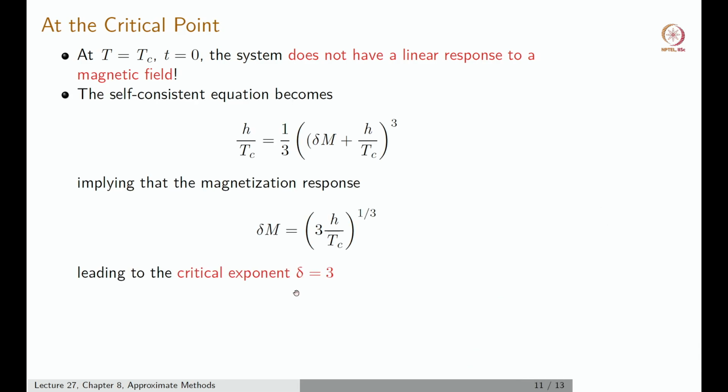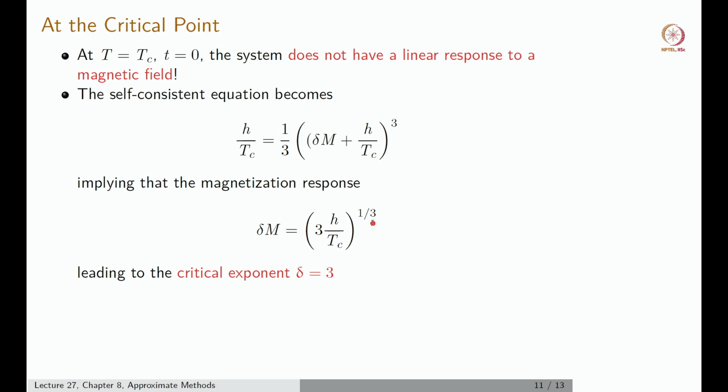If I take the self-consistency equation at Tc, m is 0, so please ignore this parenthesis, that is a typo, right, you will end up getting an equation like this. If you solve this equation keeping the correct order of terms, you will find that delta m goes as some number times h by Tc to the power 1/3.